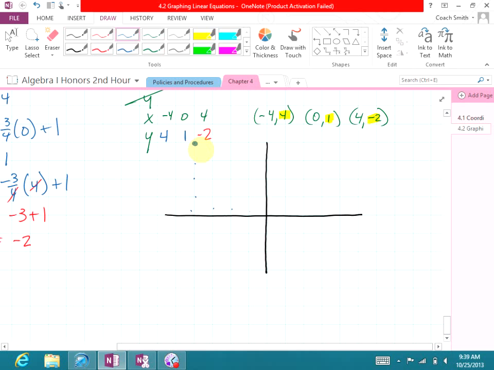Then I have 0 and 1, which would be right there. Then I have 4, negative 2. So 1, 2, 3, 4, 1, 2. Okay, now I connect our dots.